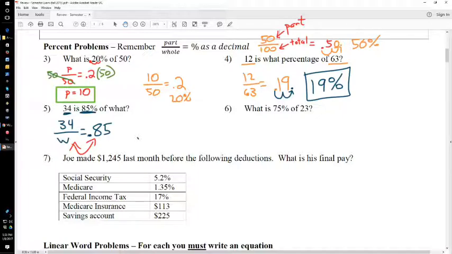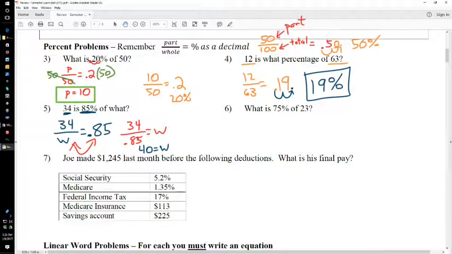So 34 divided by 0.85 equals your whole. In this case, 34 divided by 0.85 equals 40. So 40 would be your whole. 34 is 85% of 40.